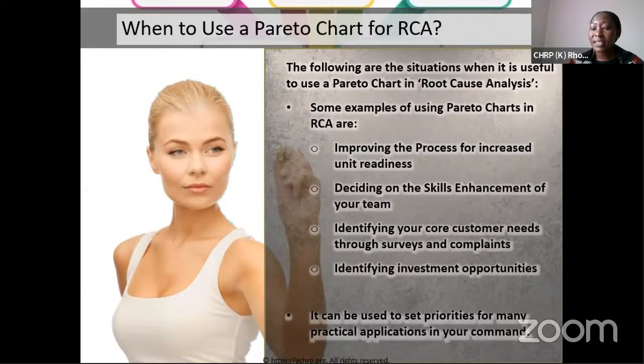And some of the examples we have is improving the process of increased unit readiness, when deciding the skills enhancement in your team. We talked about 20% of the people delivering the profits, the output, or the work outcome in your organization.